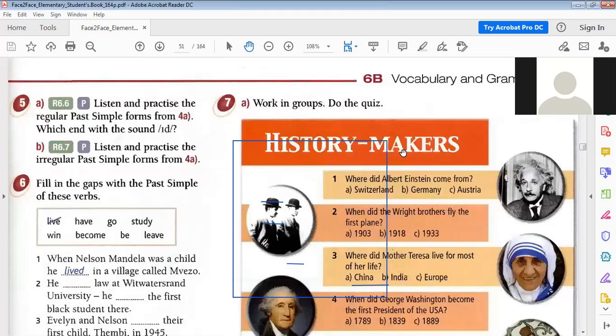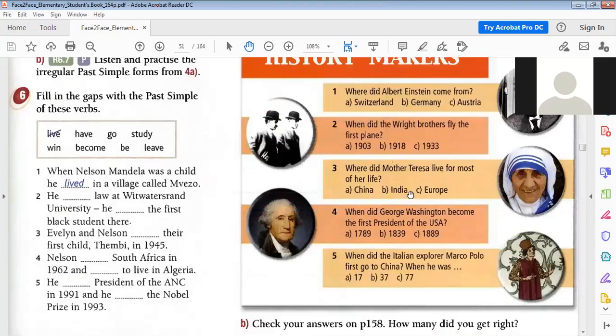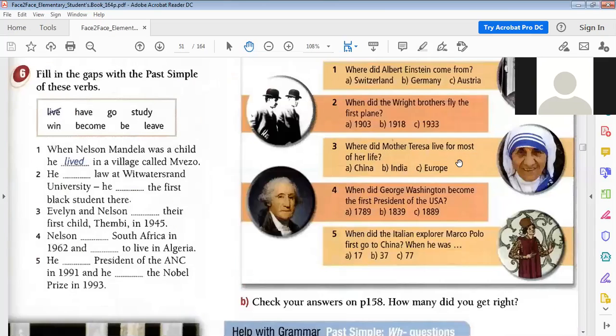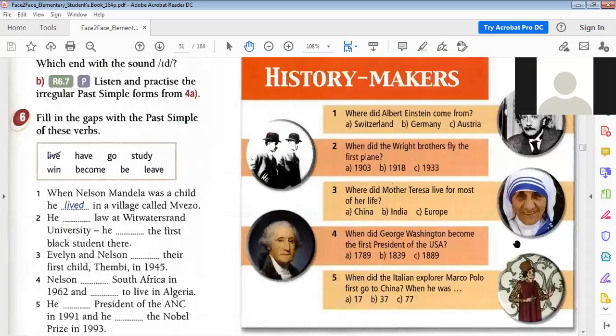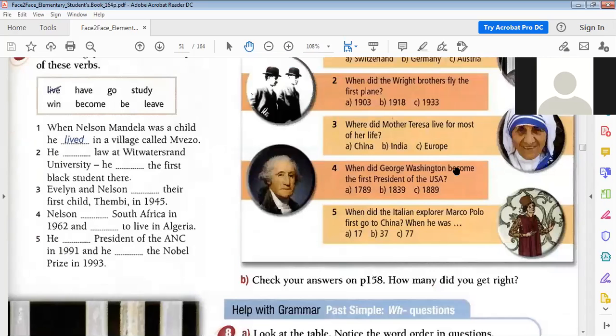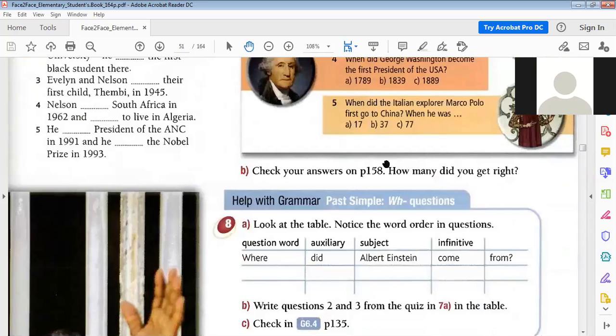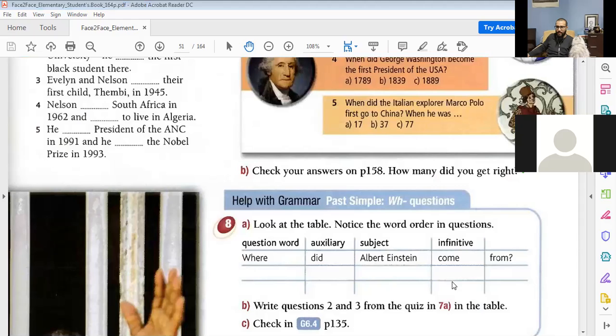Okay, so we can move back. All right, so these are some famous people in the world and people who made some changes, I think. So how many did we get right? We got all of them right, which is good. Okay, so here in this table, I want you to look at how we make WH questions in the past simple.